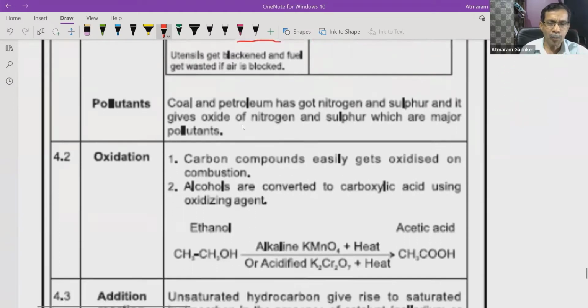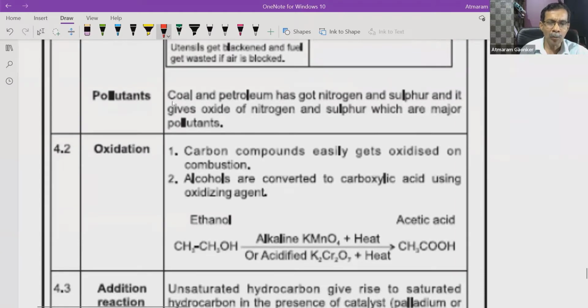Then it gives out pollutants. What are the pollutants? Coal and petroleum have nitrogen in them and also sulfur. This nitrogen and sulfur with oxygen give out oxides of nitrogen and oxides of sulfur, and these are major pollutants.